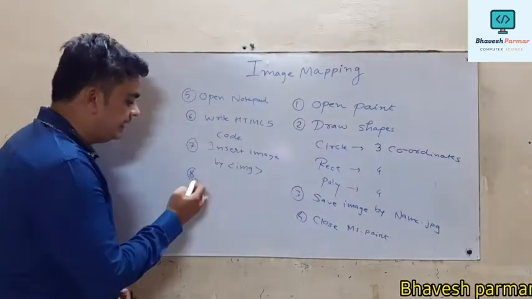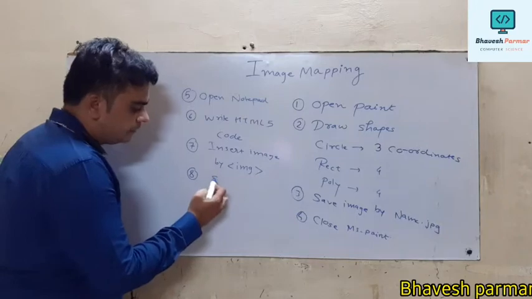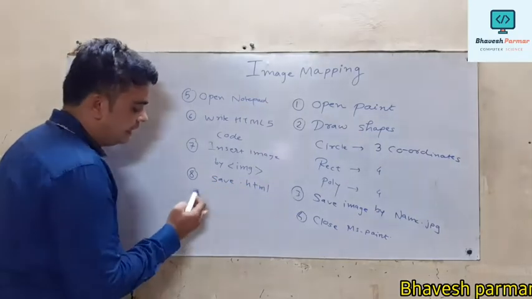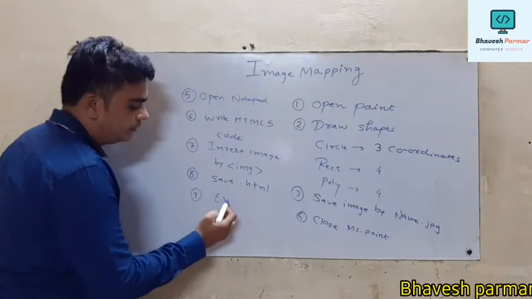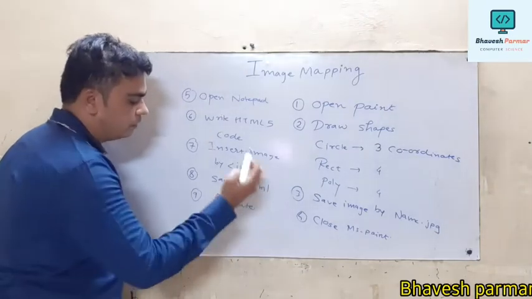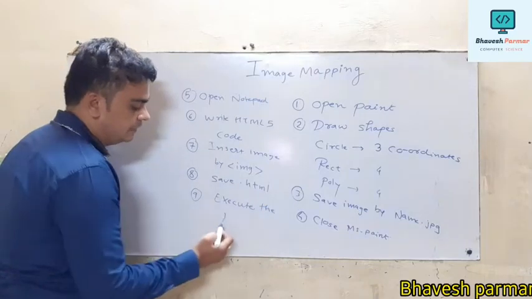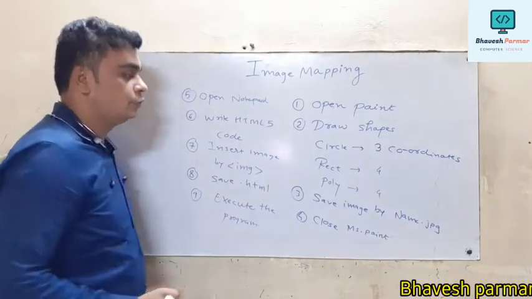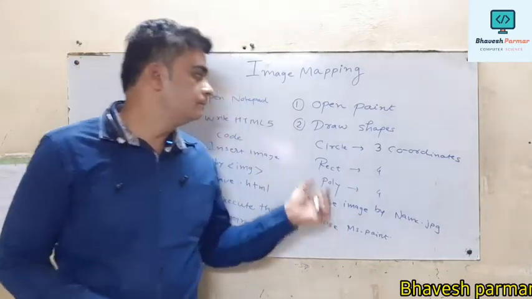Thereafter, my next step is save the program with .html extension, and next one is execute the program with the help of browser. So these are the basic 8 to 9 steps that you should perform.